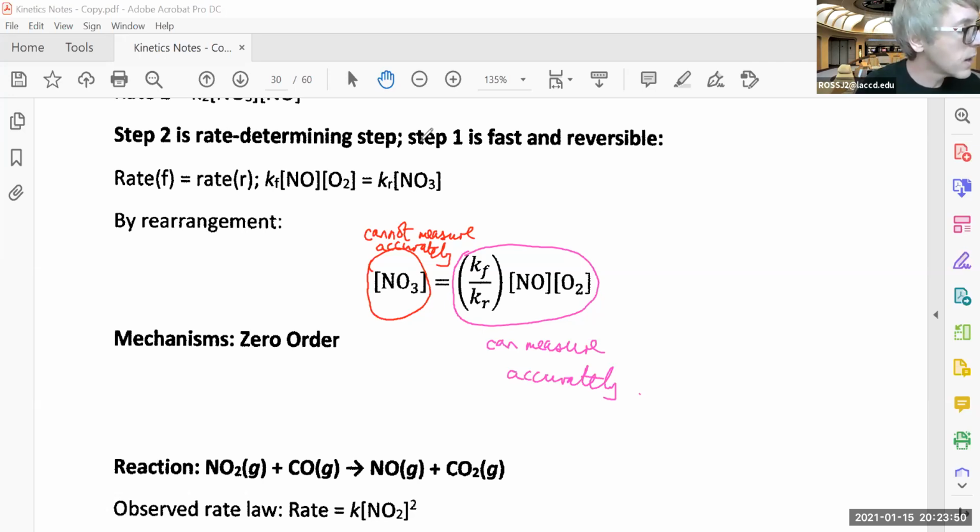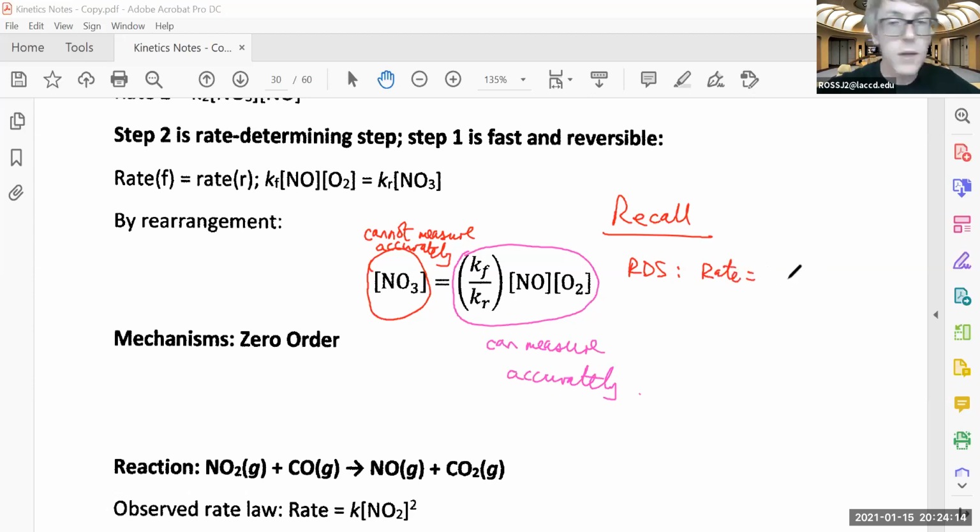We were told that the rate determining step is step 2. So recall that the rate determining step was rate is K2 NO3 NO. So we didn't just isolate the intermediate for the chemistry of it.